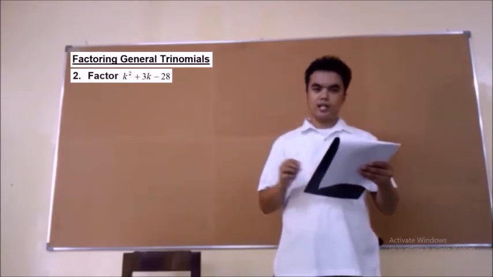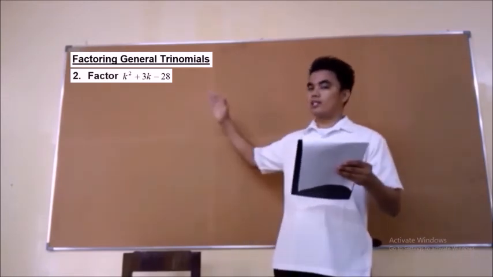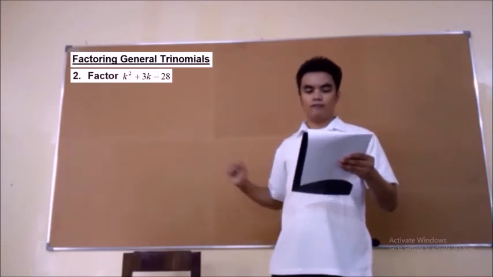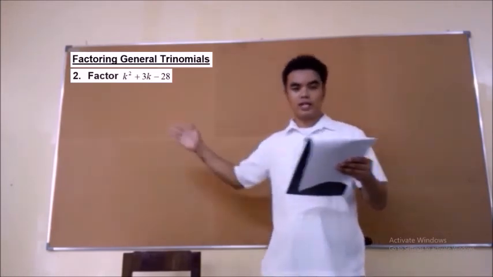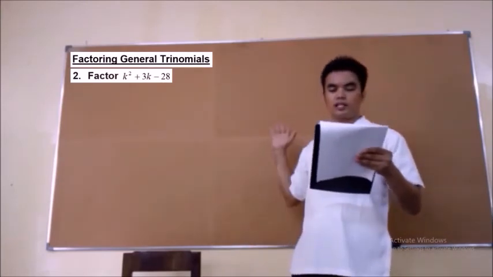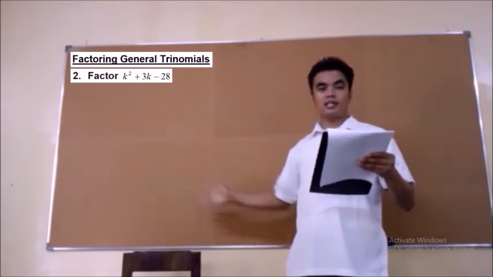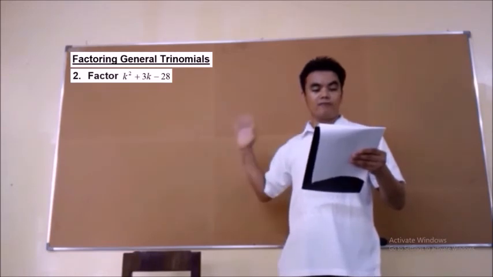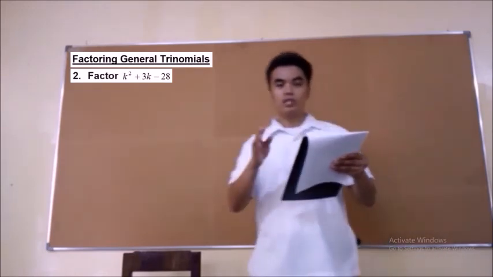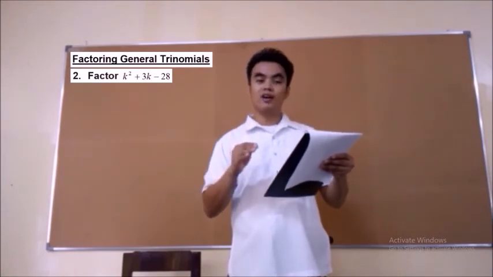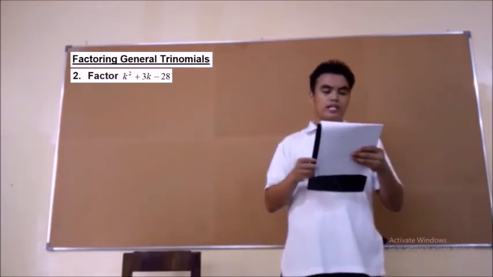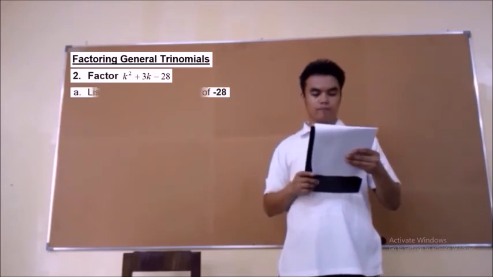First thing that we have to do is we must list all the factors of negative 28. Kapag nailista na natin yung lahat ng factors ng negative 28, hahanapin natin dyan kung alin ang factor na kapag pinag-add mo sila, it will come out to negative 3. Alright? So, list all the factors of negative 28.